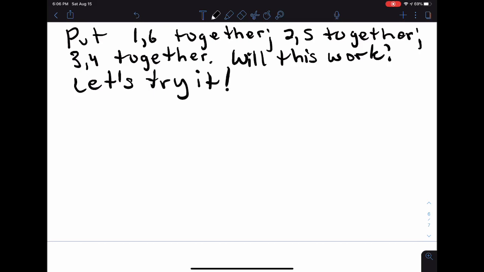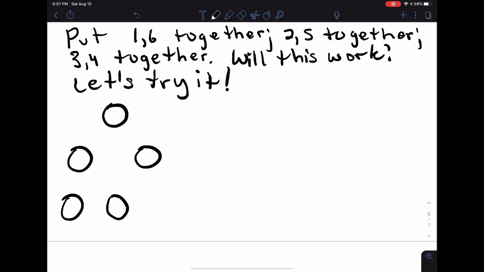All right, so then if I'm going to do that, let me see here. Let me draw those circles again. So there's my circles and my line segments. What the heck am I going to do with those?